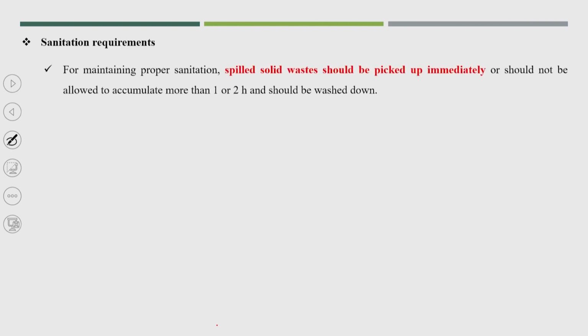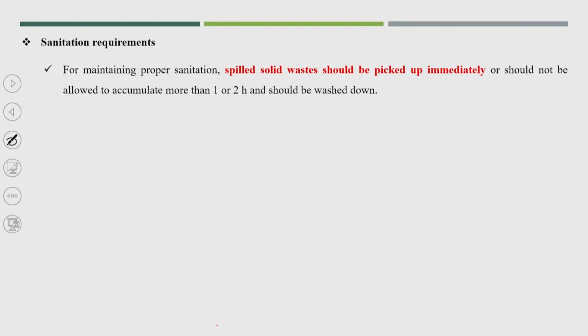Now, another very important requirement is the sanitation requirement. For maintaining proper sanitation, spilled solid waste should be picked up immediately or should not be allowed to accumulate for more than 1 or 2 hours, and should be washed down.